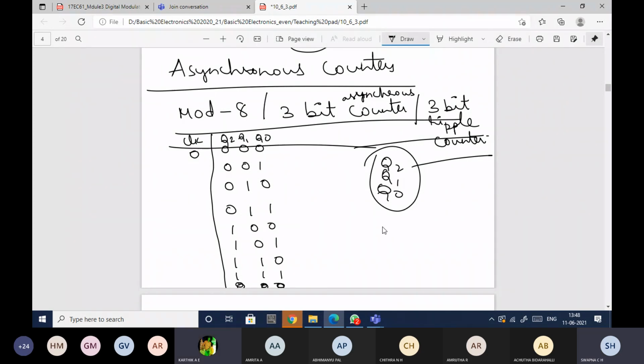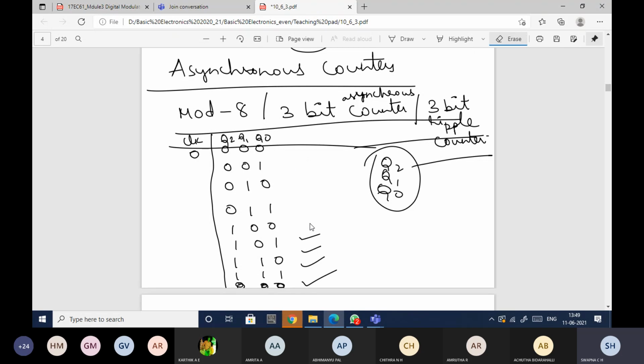Okay, so what I need to do is design this asynchronous counter so that the flip-flop outputs Q2, Q1, Q0 will be initially 0, 0, 0. After that, it will be 0, 0, 1. After that, 0, 1, 0. After that, 0, 1, 1. Like that, it has to count until 7, 1, 1, 1. And after 1, 1, 1, it has to go back to 0, 0, 0. This is how it has to count.